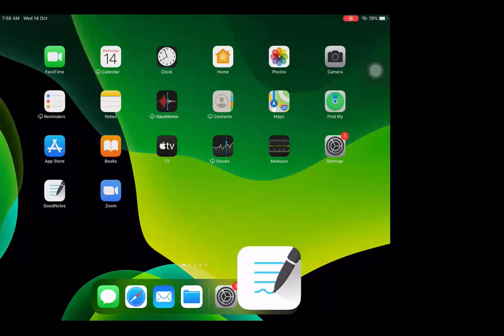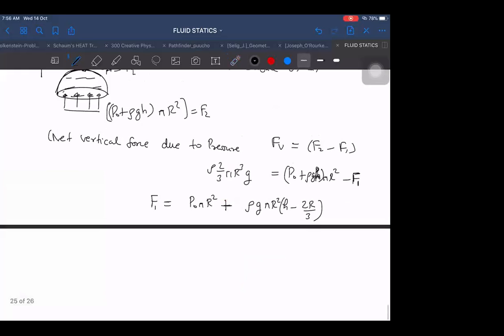So now, one more thing. Let us say options given are different, where there is no P naught into pi r square term given. They are asking to find out the force on the curved surface area, but the answer given is only rho g into pi r square into h minus 2r by 3, and no other option involves anything related to P naught.